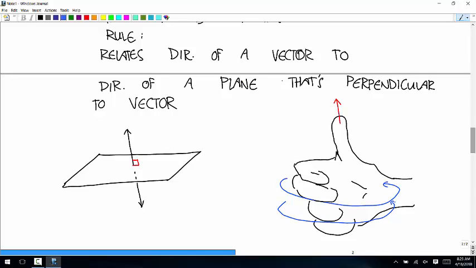If you're talking about a rotation going the other way, then according to the right-hand rule, that is related to a vector going the other direction.